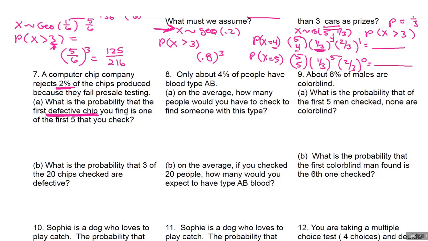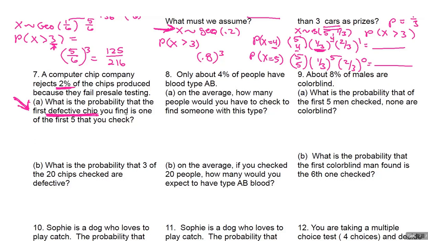Well, but the thing is, what am I finding? The defective chip. Which one? Oh, the first. Oh, okay. Because let's face it, out of 5, could I possibly get 5 defective chips? Could I get 4? Could I get 3?